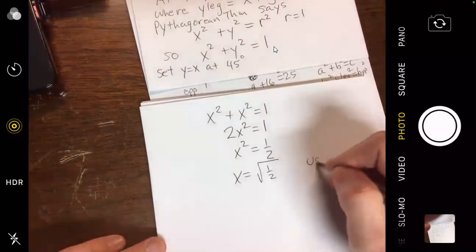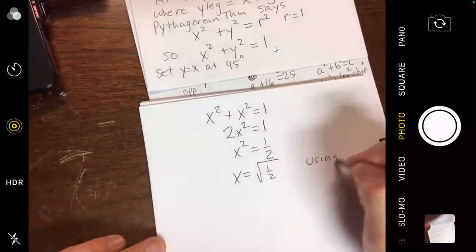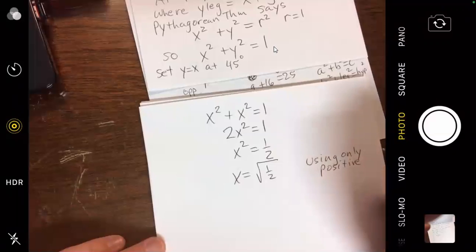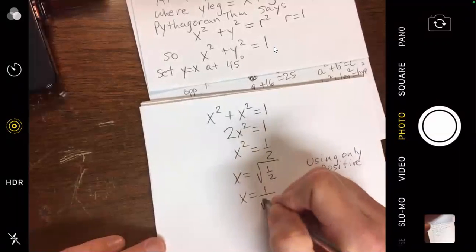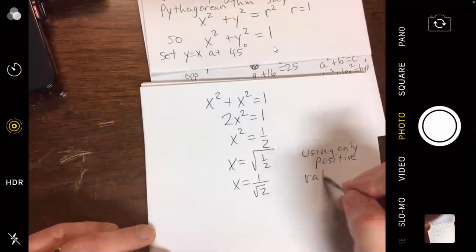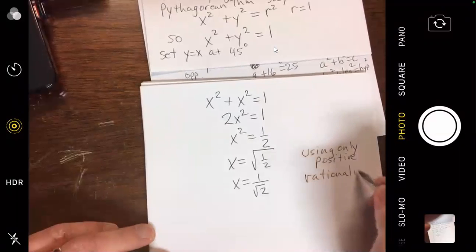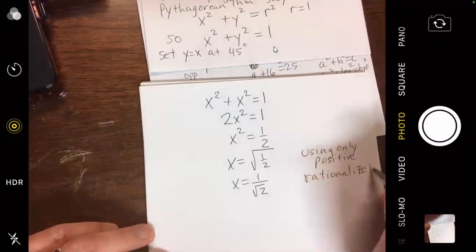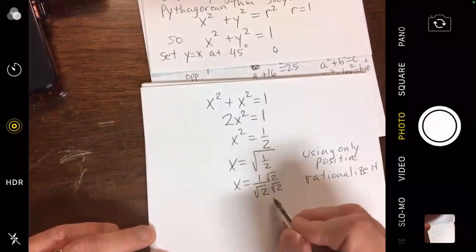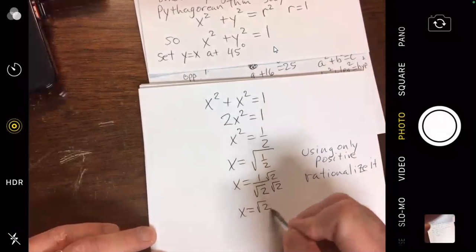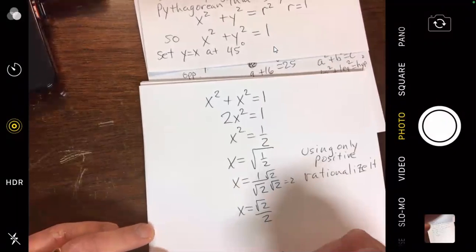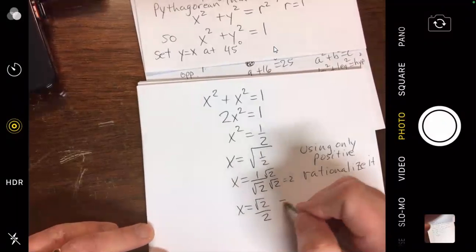We're using only positive here. That means X equals 1 over the square root of 2, and that's legal, but they like it rationalized. So get the root out of the bottom, and your top is square root of 2 over 2. This equals your Y leg as well.